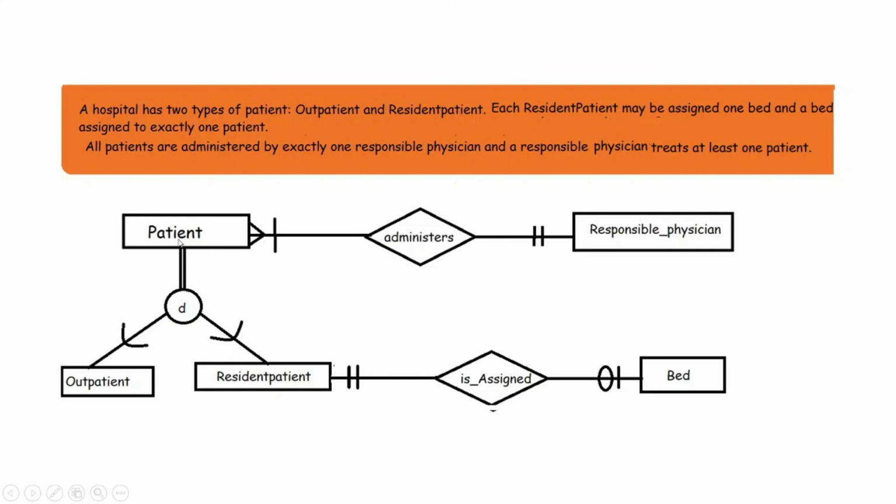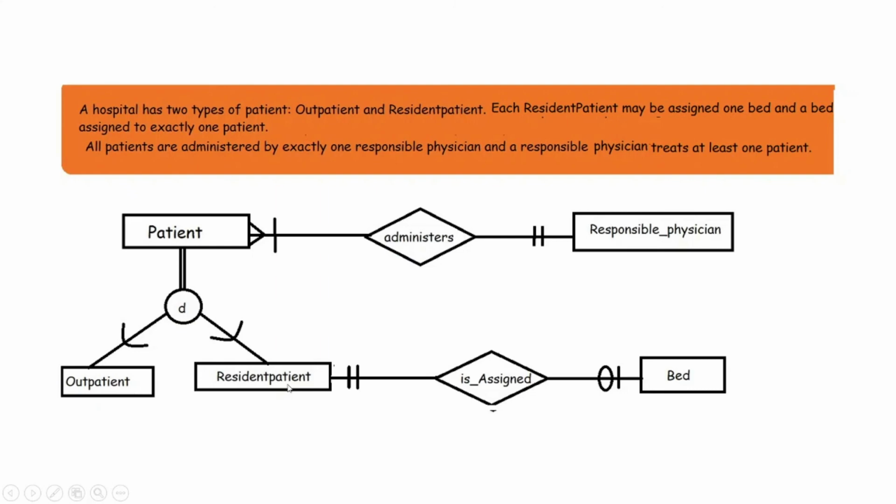Now, when we're indicating supertype and subtype, you have a circle, and we need to have the arc here that cuts the line. In a hospital, we can have either resident patient or outpatient. We cannot have both types of patient at the same time, of course. So for this reason, I have outpatient and resident patient.